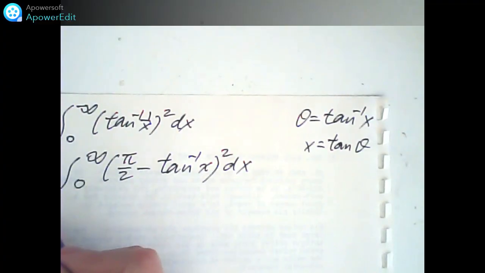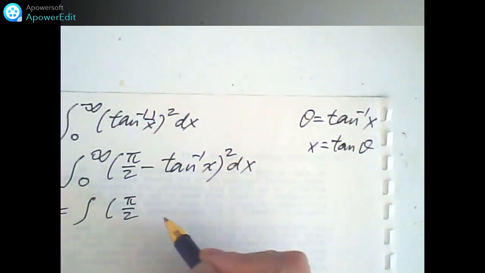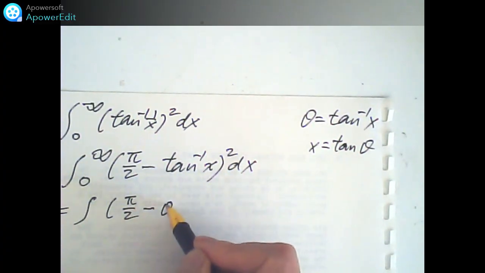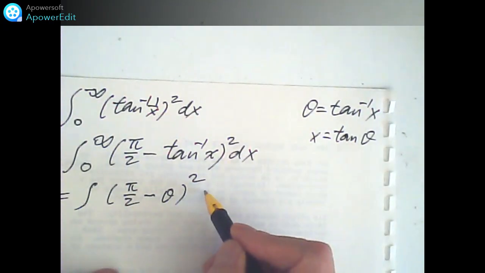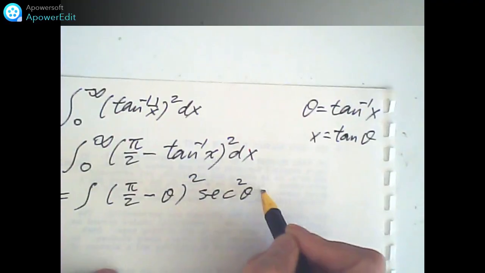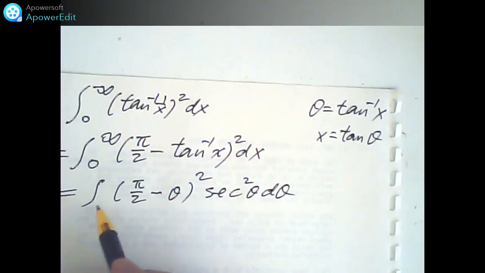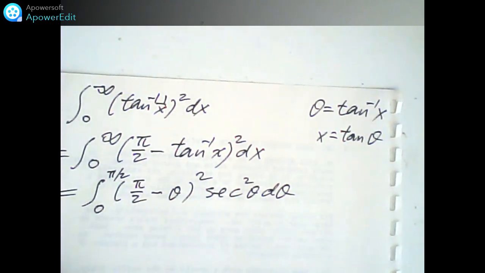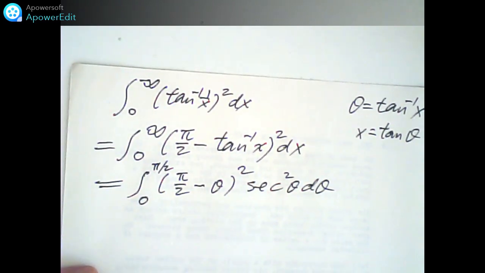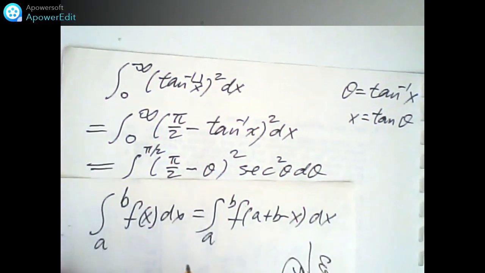So this one is equal to half pi minus theta, squared. dx will be secant squared theta d theta, right? Then x equal to 0 gives 0, x equal to infinity gives half pi. Okay, good. Then I'm using this property.